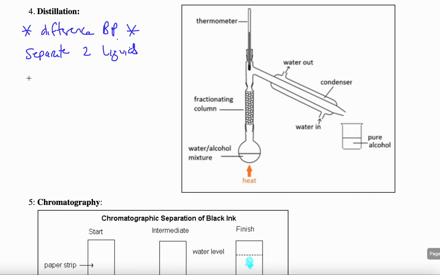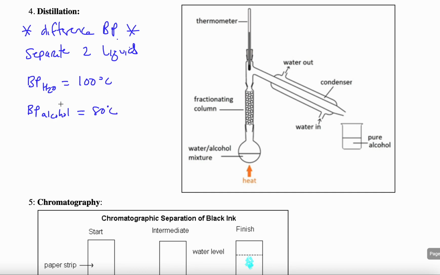So the boiling point of pure water is 100 degrees Celsius. Alcohols tend to have lower boiling points. So the boiling point of the alcohol, I'm going to say, is around 80 degrees Celsius.